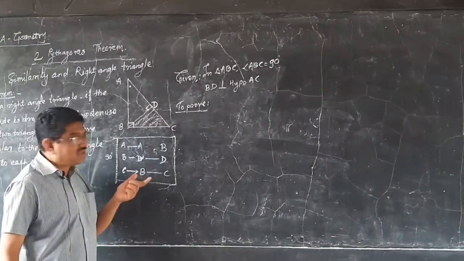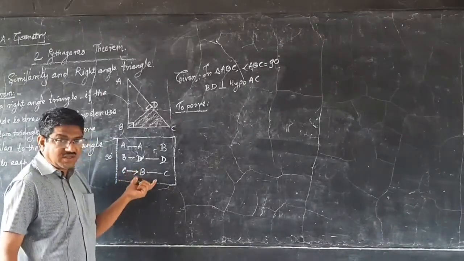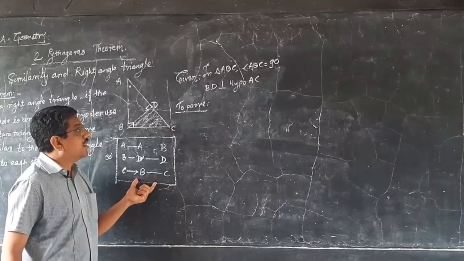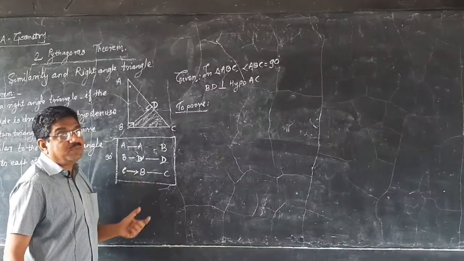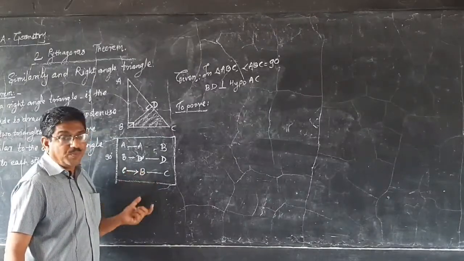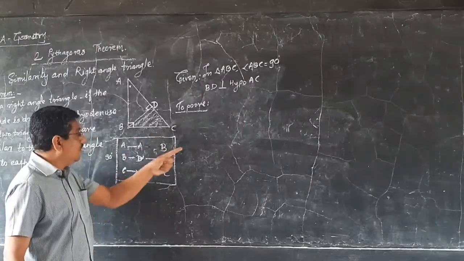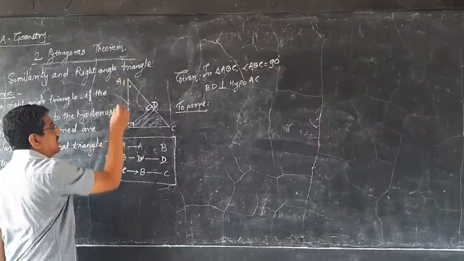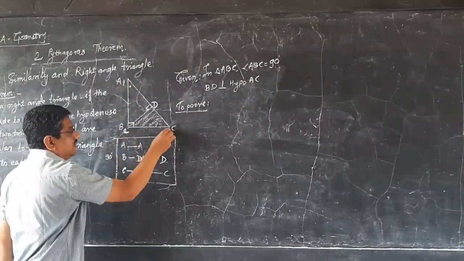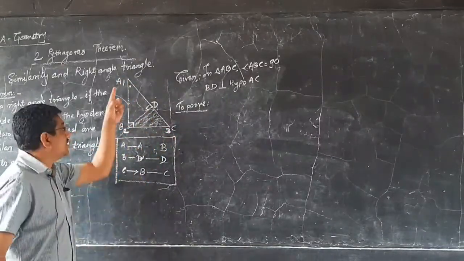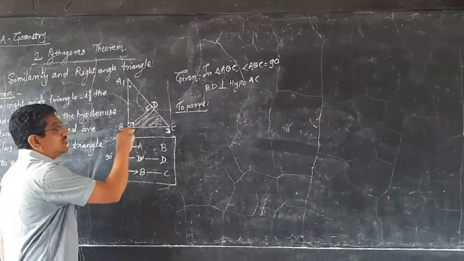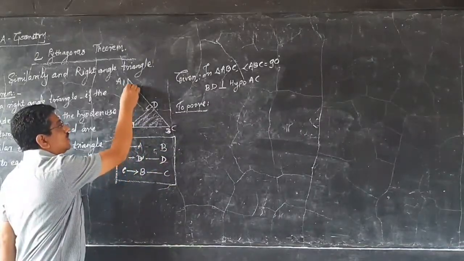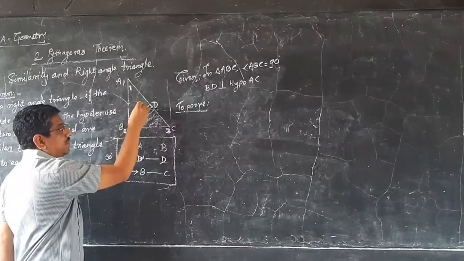And the next theorem also totally depends on the sequence only. Therefore, when you have to write the to prove, remember this sequence. I can say here first, second and this is third. Suppose these are the three angles. What will be the sequence there? This first is congruent to the first of this triangle.